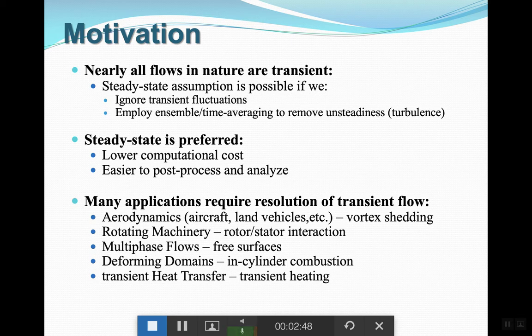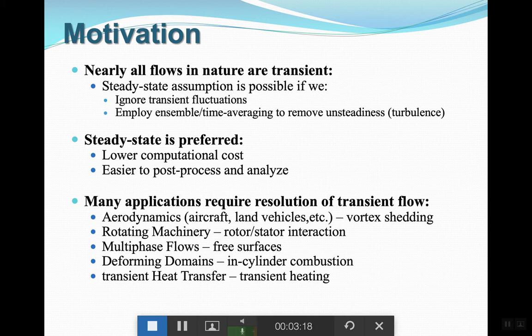But we are considering them as a steady state if we ignore the transient fluctuations, or we are employing some sort of time averaging as we did in turbulence flow. And again, steady state is preferred because of lower computational cost and because of easier post-processing and analysis. But there are many applications that require solution of transient flow.